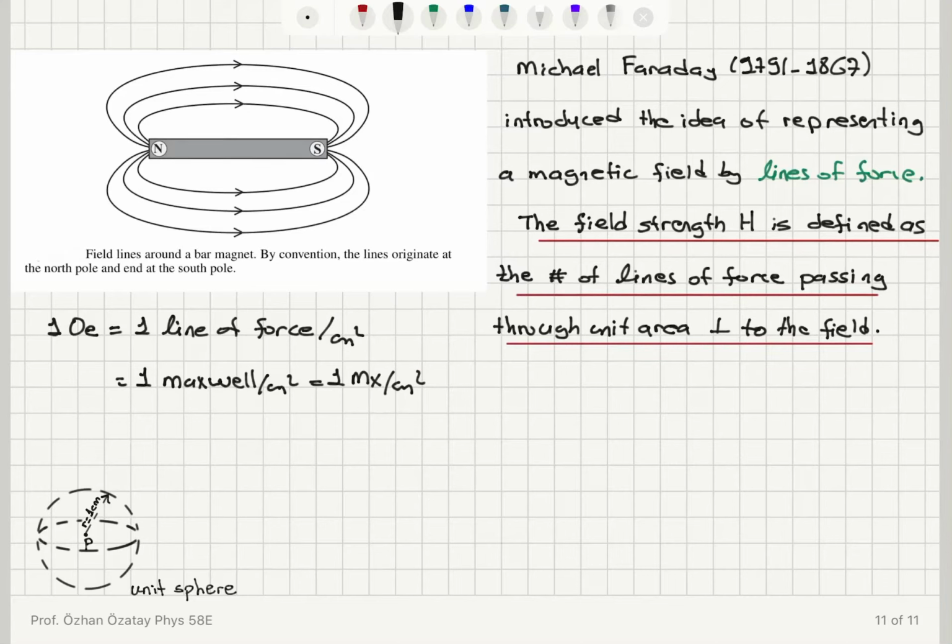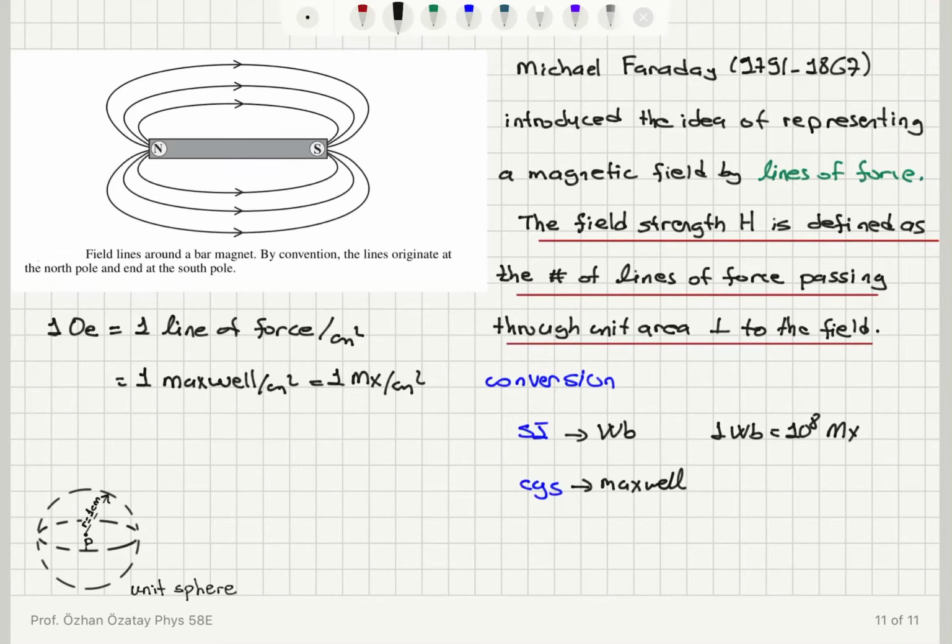So if you want a conversion between Maxwell in the CGS and SI, let's give a quick conversion here. The conversion between Weber and Maxwell. Weber is the SI unit, and Maxwell is the CGS unit. So 1 Weber is equal to 10 to the power 8 Maxwell.